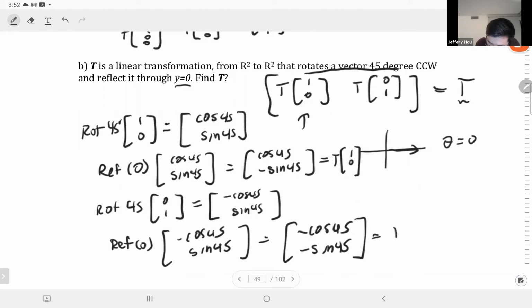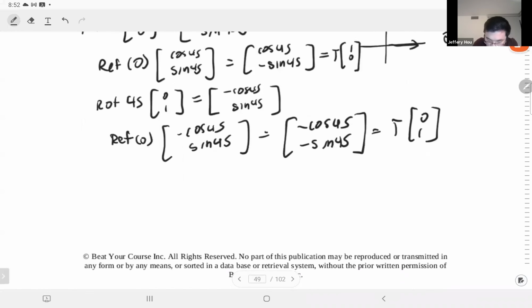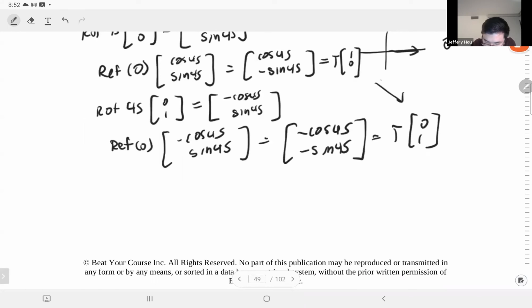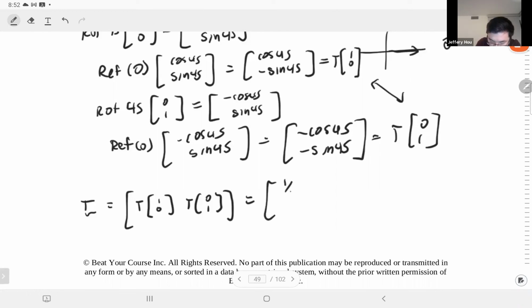So this equals T of (0, 1). Now we put these two together. T equals T of (1, 0) and T of (0, 1), which gives us 1 over root 2, negative 1 over root 2, negative 1 over root 2, and negative 1 over root 2.